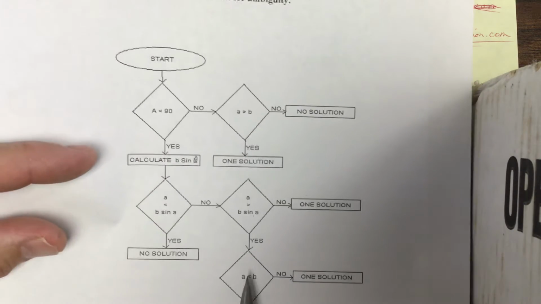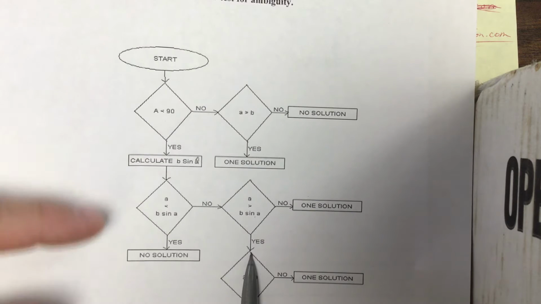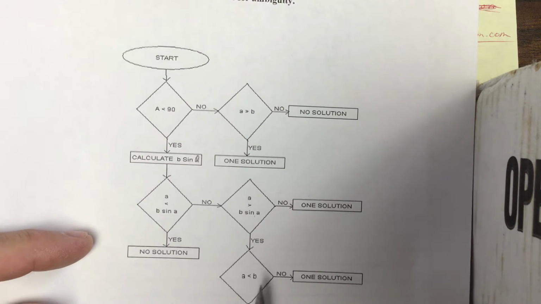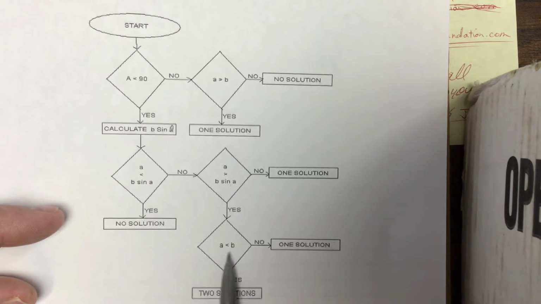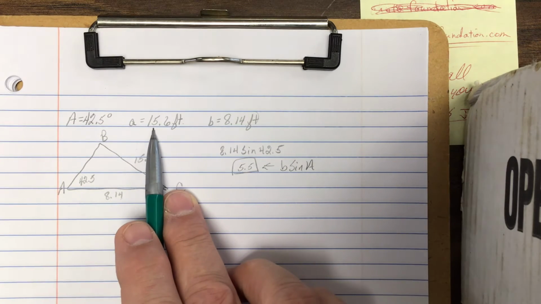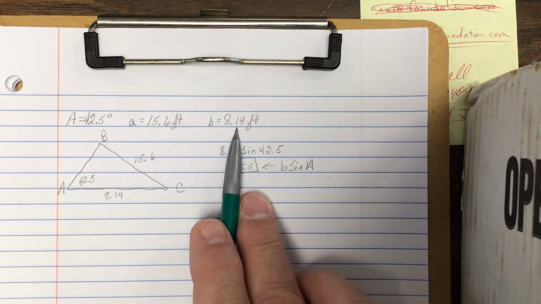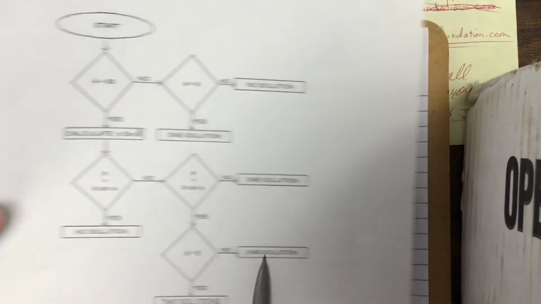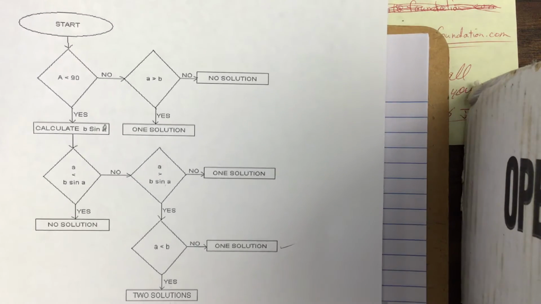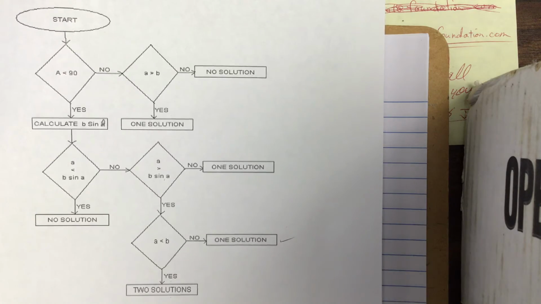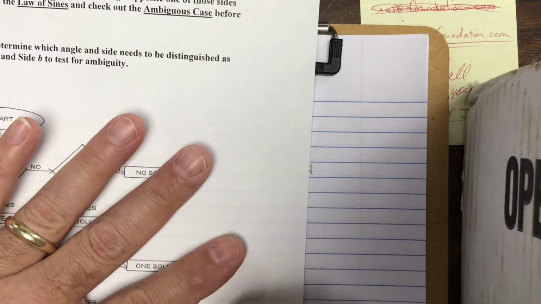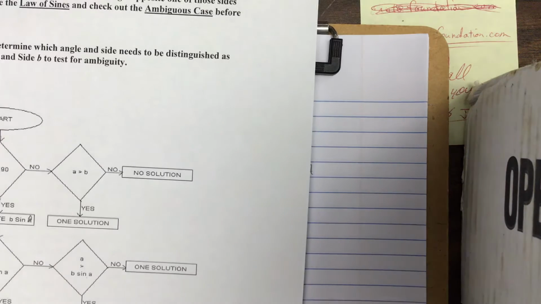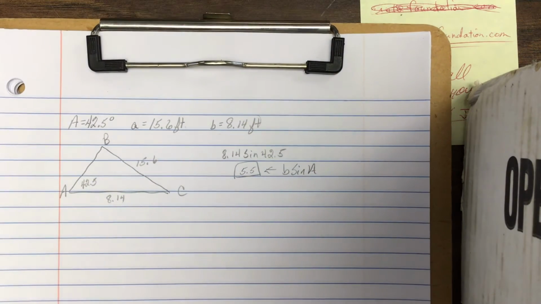Well, that answer is yes. Okay? And then the next question is: is A less than B? Well, the answer to that one is no. So that tells me I've got one solution. Okay? And then I would just go through and work it just like we did on lesson 7.1, the early ones that we did.